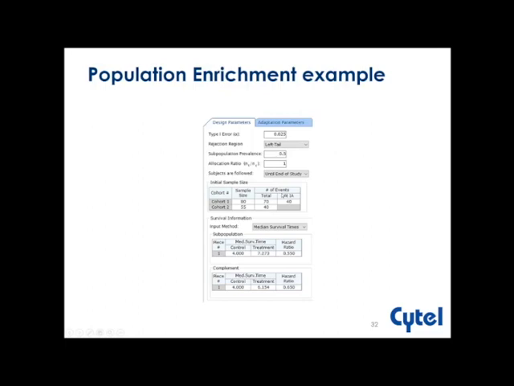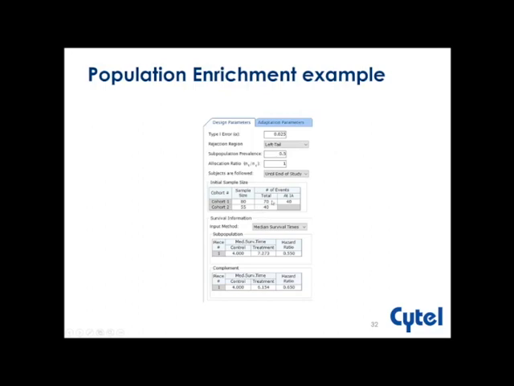So assuming that before jumping into population enrichment simulation, we've determined that we need a total of about 135 patients and 110 events to obtain our desired power. So that's going to be our constraints to begin with. And so the sum of these two cohorts will come from a previous design.